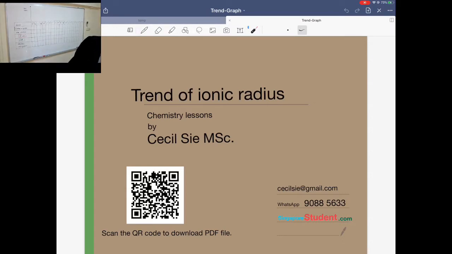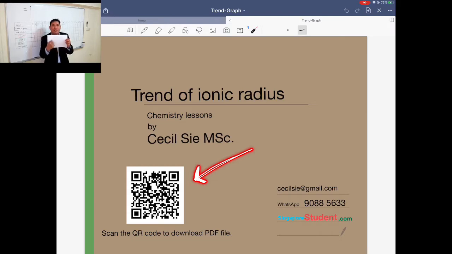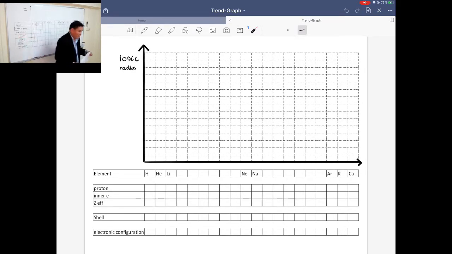Number one is you need to download this pattern from singaporestudent.com. You're going to find the link beside the link to this video. It's very important. You're going to fill up this table and draw the graph.